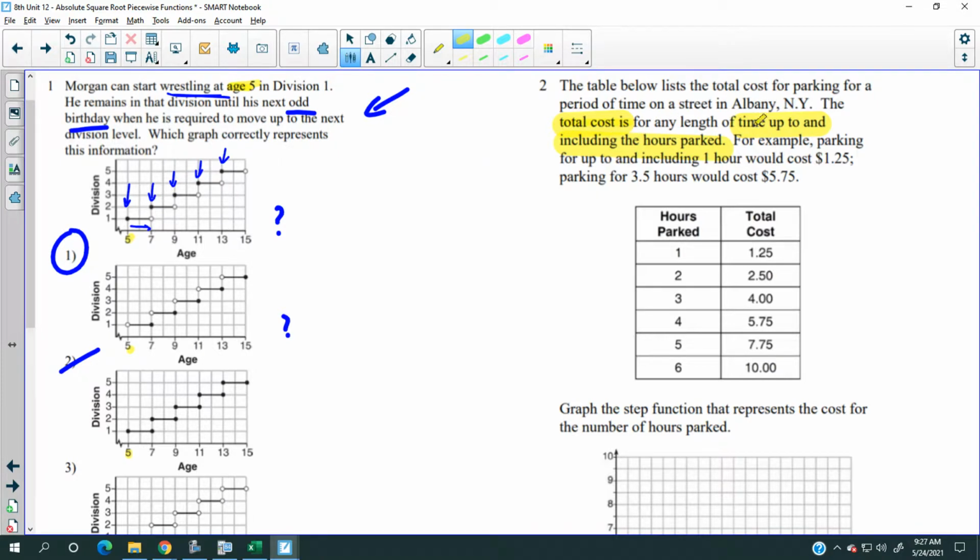Up to and including the hours parked. For example, parking for up to and including an hour would cost $1.25, and 3.5 hours would cost $5.75. So they gave us the example. Up to 3.5 hours, meaning you can't have half.